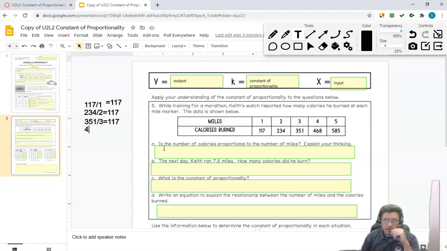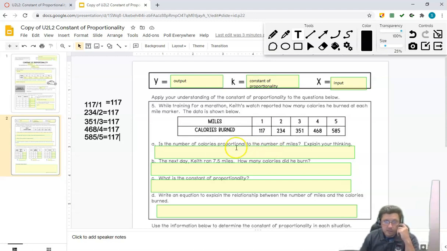Then we're going to do 468 divided by 4, and that's 117. And then we've got 585 divided by 5, and that's going to be 117.